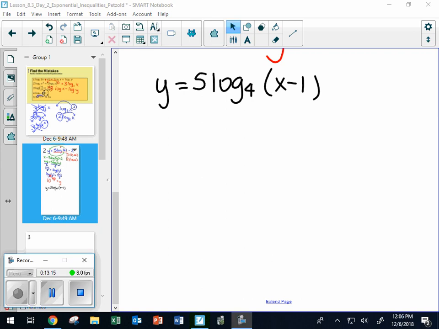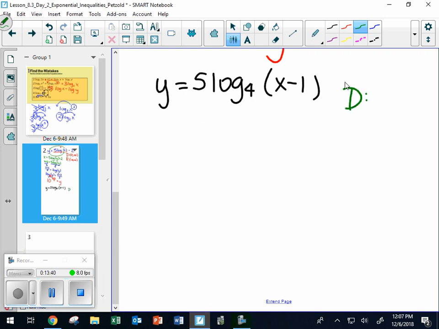Let's call on row 3, person 4. Caroline, what's our first step? Do you want to do the first step, or do you want to do domain or range? Domain. Okay.